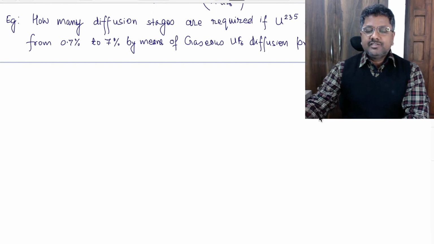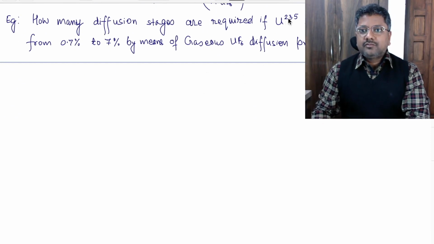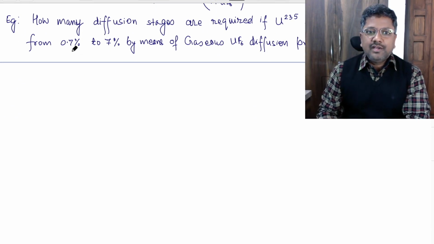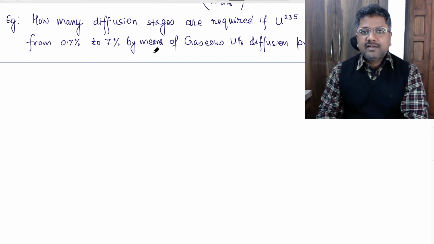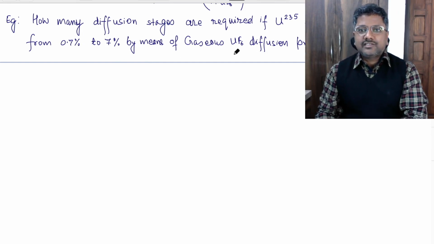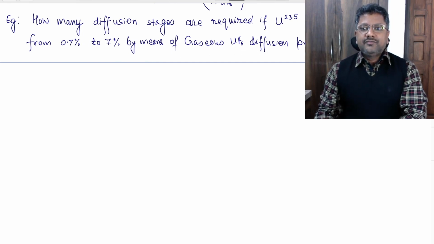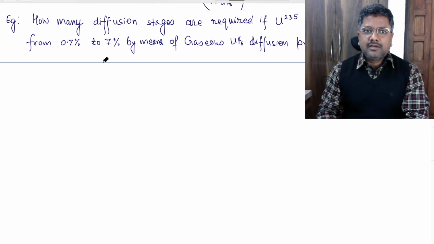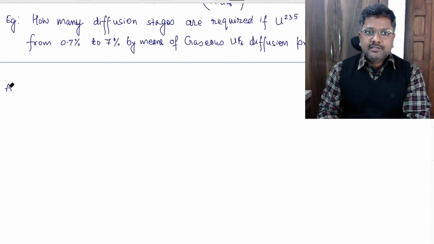How many diffusion stages are required if uranium-235 is to be enriched from 0.7% to 7% by means of gaseous UF6 diffusion process? First you have to see the concept behind this theoretical concept, as all of you know that this is the concept of simultaneous diffusion.